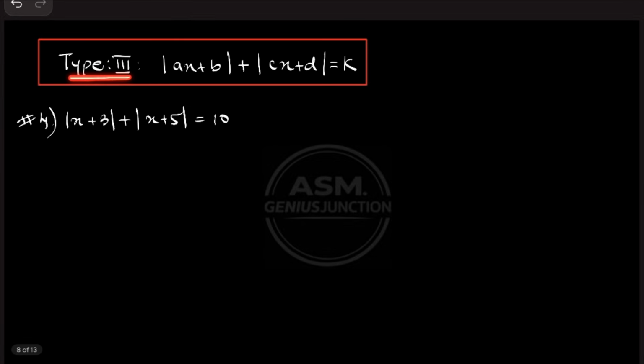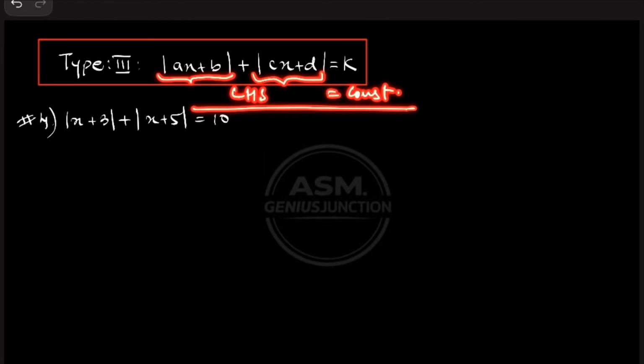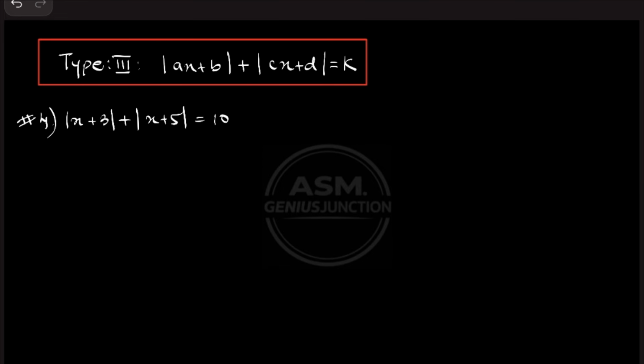In type 3, if you observe closely, there are two modulus functions written on the left hand side only, and on the right hand side there is a constant. These types of questions need your attention. The strategy says that you shift one of the modulus functions to the right hand side and then proceed with the solution part. So I will be doing the same thing.